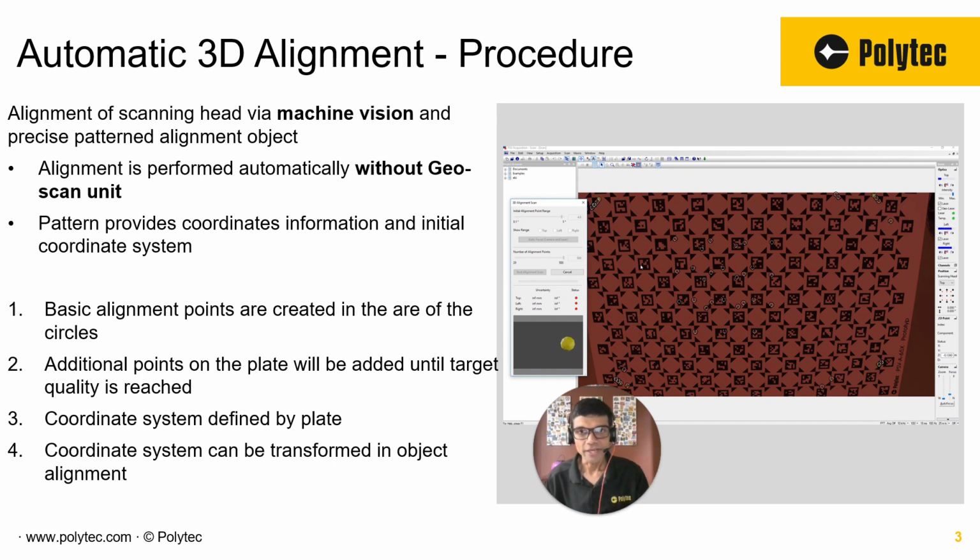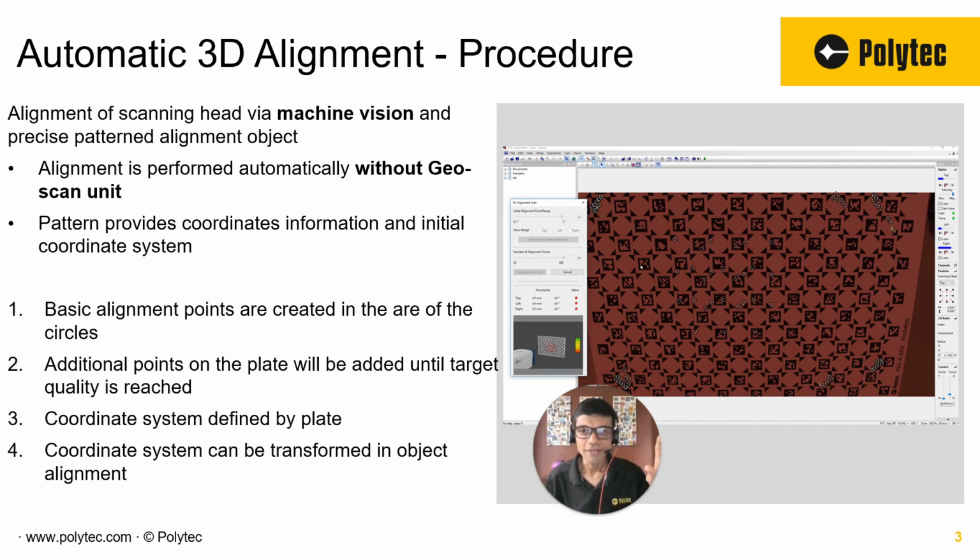The next step, again, is very easy. You can do a transformation from the plate coordinate system to the object coordinate system or any free coordinates you may remember, origin axis plane or predefined free coordinates. All that still exists, just that the whole process of 3D alignment is automated because it is using image processing and pattern recognition. The overlap of the beams is better than anything anyone can achieve.